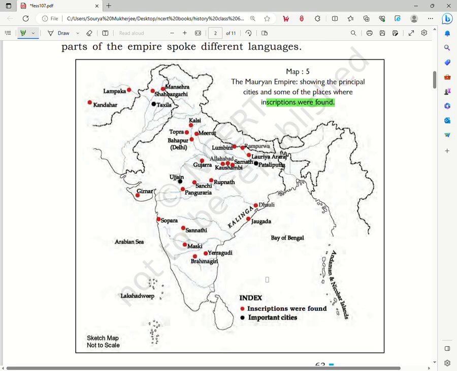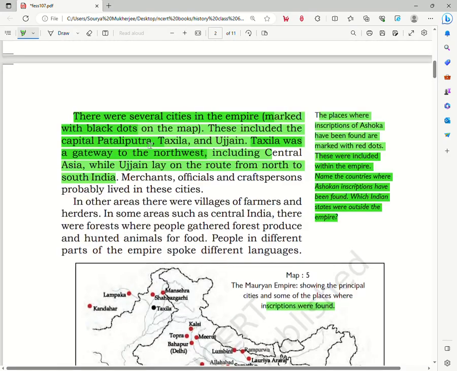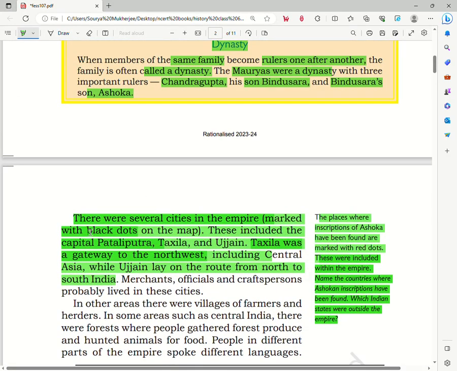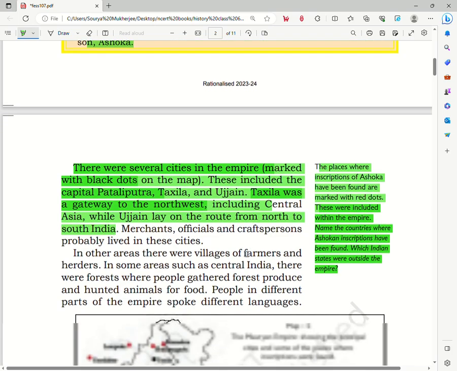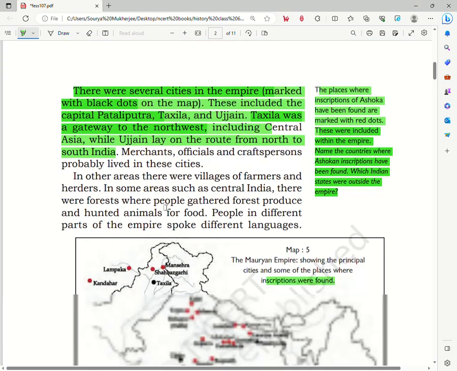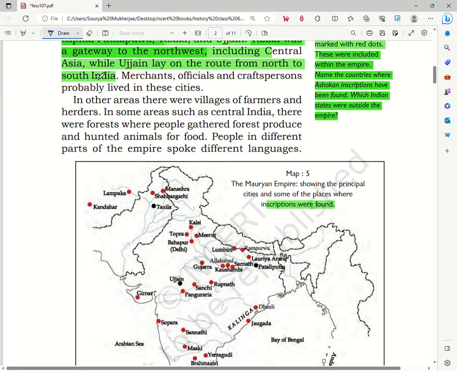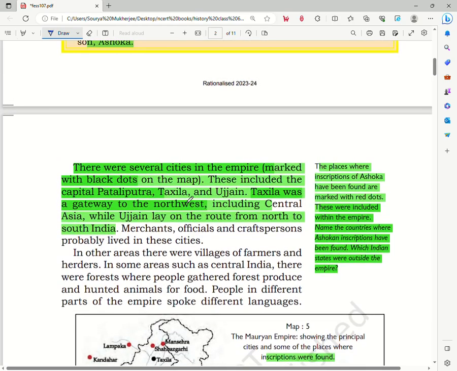The red dots represent the places where Ashokan inscriptions are found, and the black dots are important cities. Let me first explain this part: the capital of the Mauryan Empire was Pataliputra. If you look at the map, here is Pataliputra, and then another city that is known as Takshila.